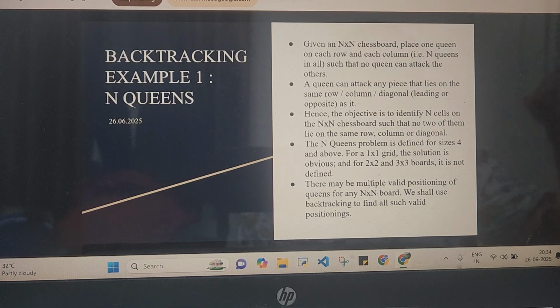So if you place a queen on a specific cell in the chessboard, any piece which lies in the same row, same column or along the same diagonal, left diagonal, right diagonal, can be attacked by the queen.